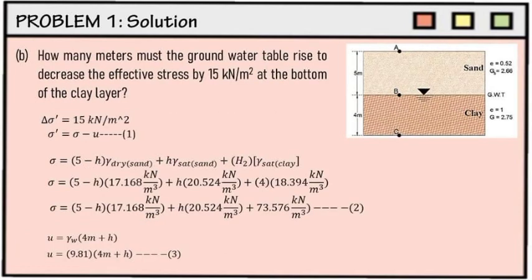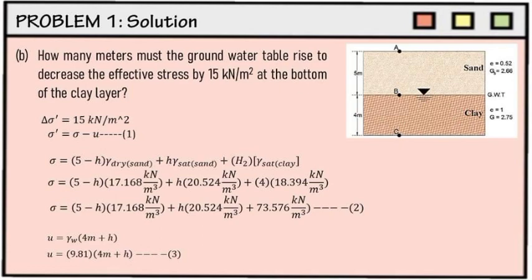Now for C, find H when the groundwater table rises to decrease the effective stress by 15 kilonewton per meter squared at the bottom of the clay layer. So delta stress is equals to 15 kilonewton per meter squared. Now effective stress is equals to stress minus u. That's our equation 1.